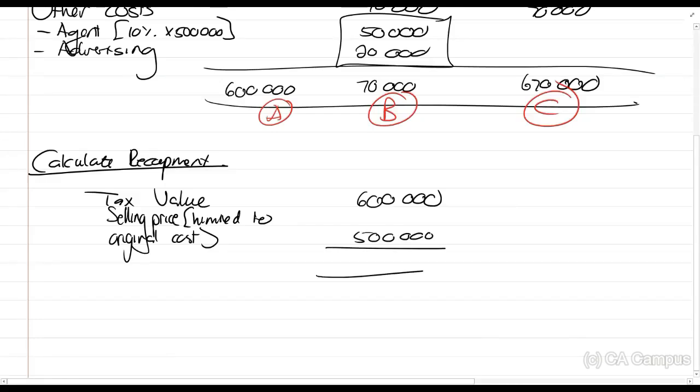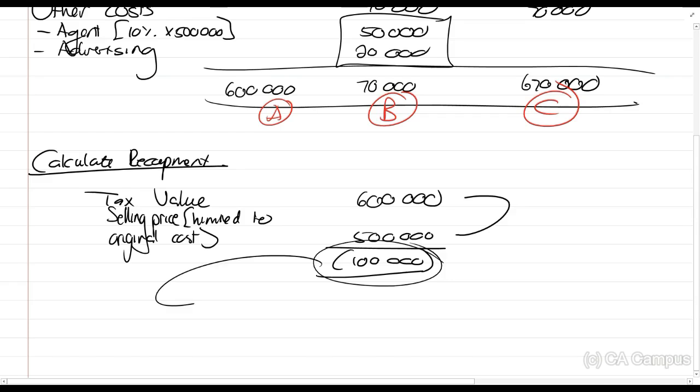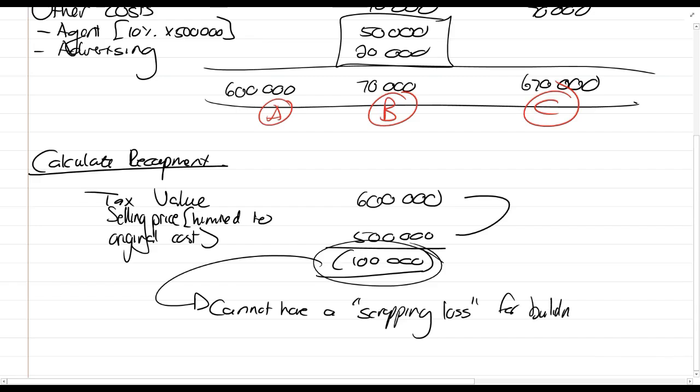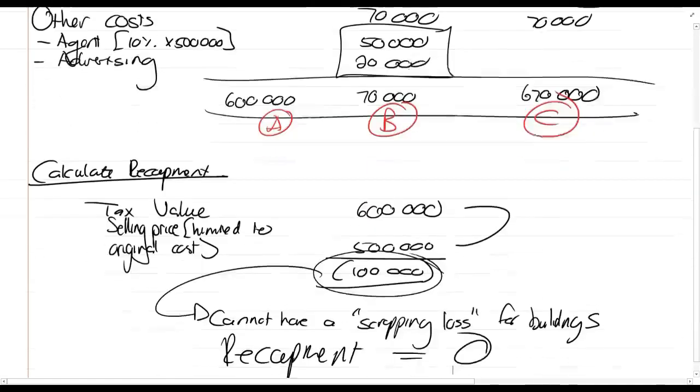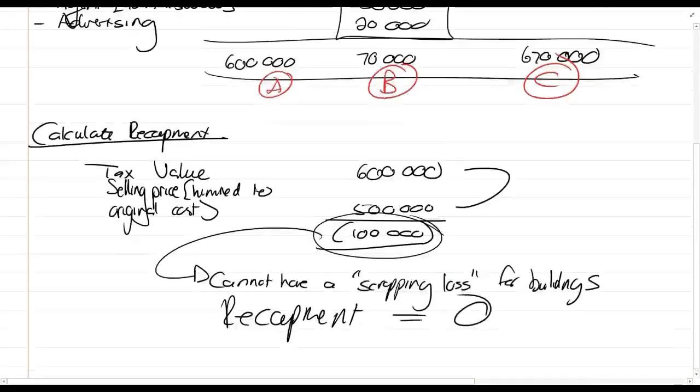Now 500 minus 600 creates 100,000 rands. This is called a scrapping loss for buildings. All I want you to understand now, again, this is a whole study section, is that the recoupment in this case equals 0. So there's no recoupment.